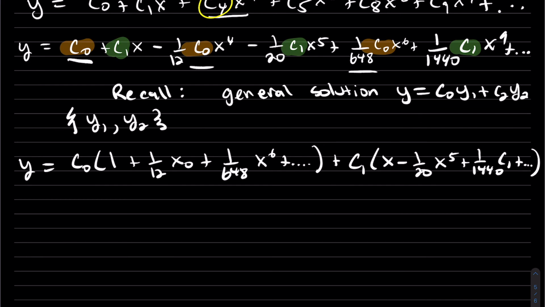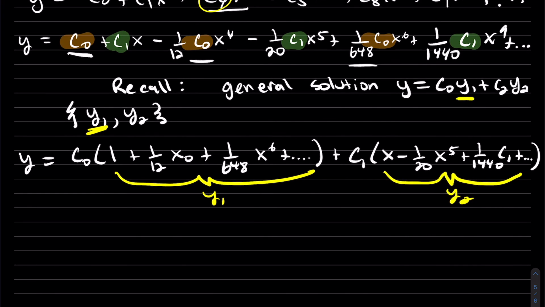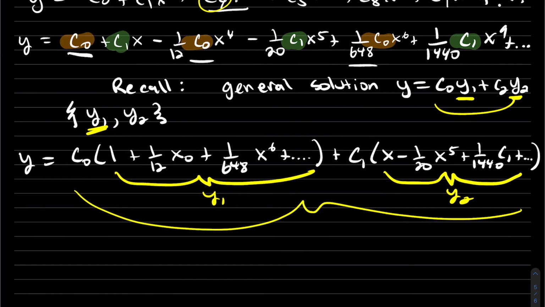Okay, so what I have here is my y1. What I have here is my y2. When you add your two independent solutions, you have your general solution. So this is our general solution.